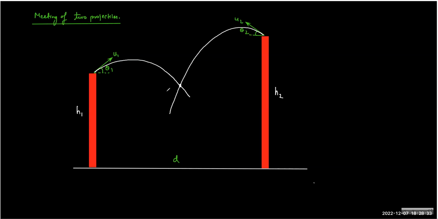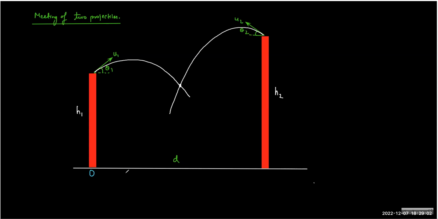If you think of only X, we can always write the relation X minus X naught equals UT plus half AT squared. To begin with, you have to choose some coordinate system, which you are free to choose the way you want. So I'm going to choose this as origin. Not required, you can choose origin here, also you can choose origin here. You should choose something convenient, nothing else.